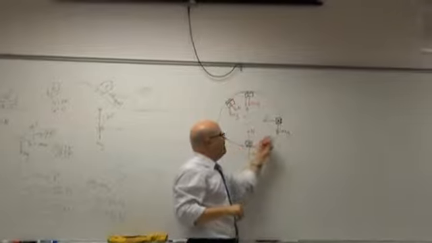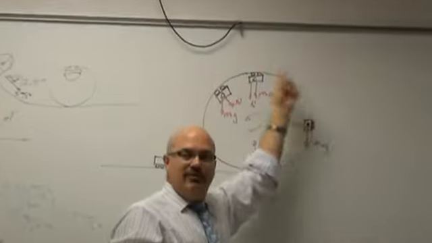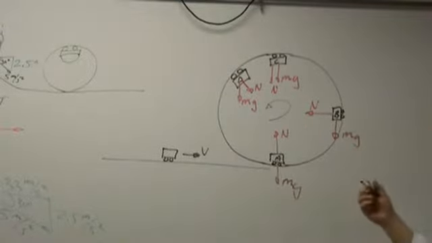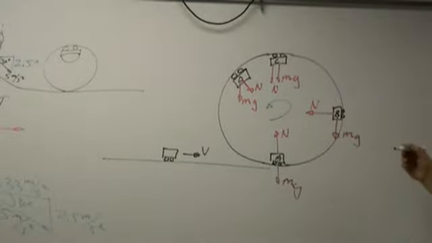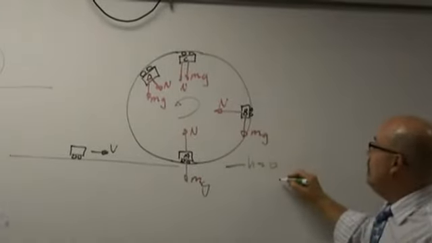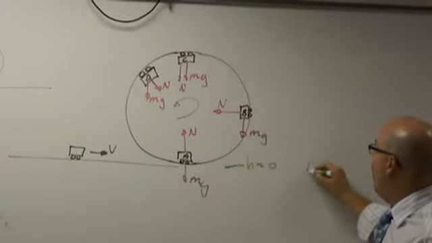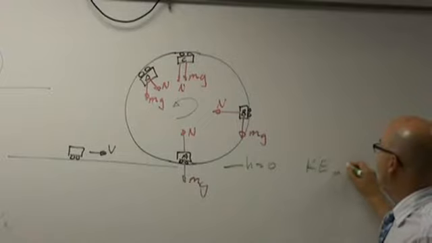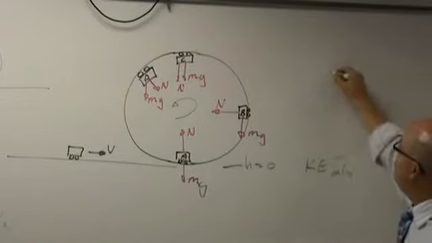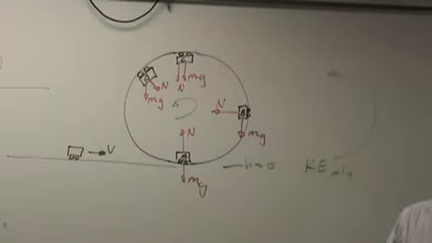So, this object we know is going to be changing direction. First of all, let's handle this one situation and make sure we understand it. At the bottom, if we call this height equals 0, we have only kinetic energy. As we go around the loop to the top, what happens to my kinetic energy?